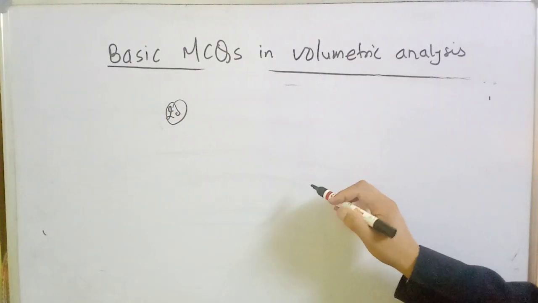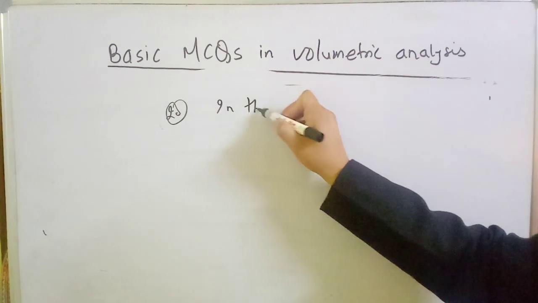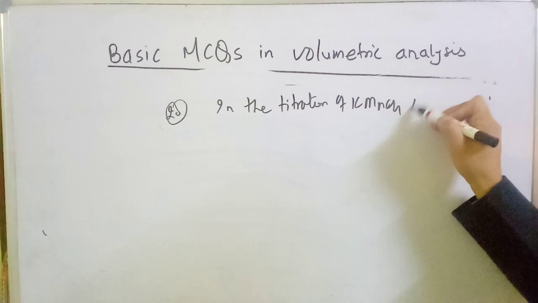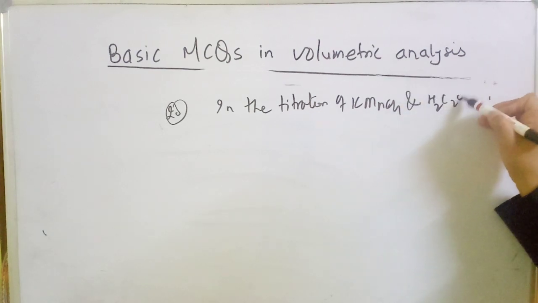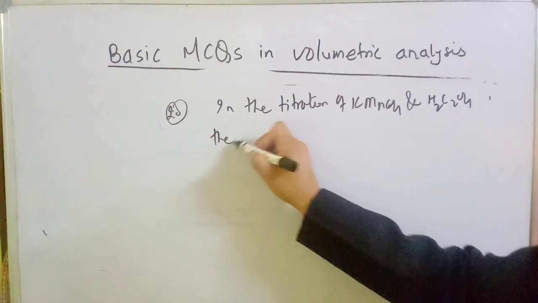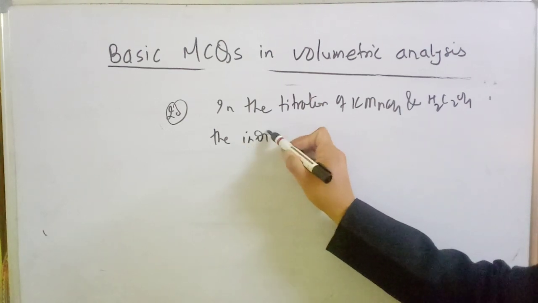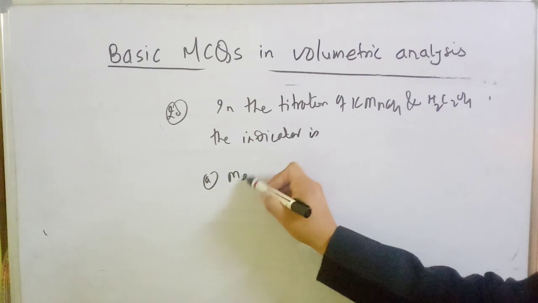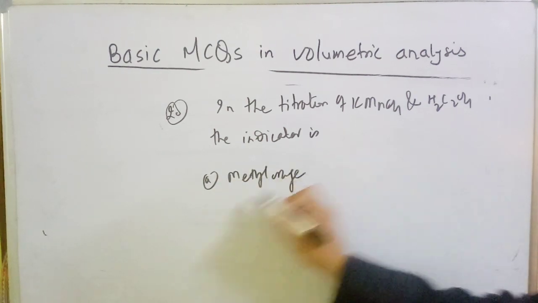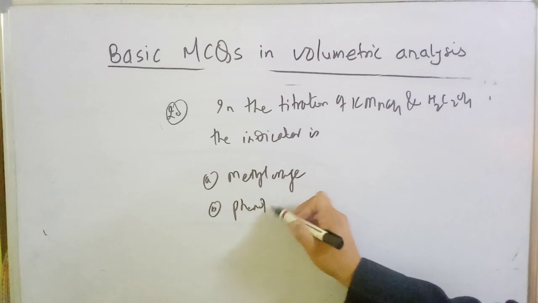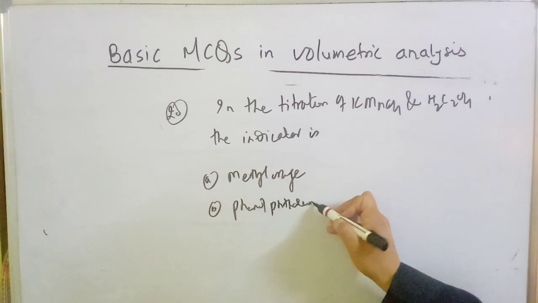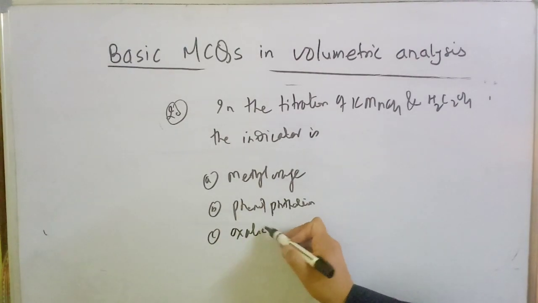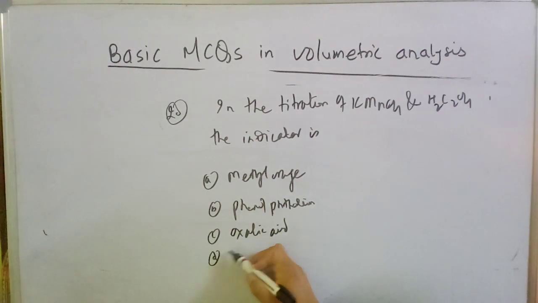In number 20, in the titration of KMnO4 and oxalic acid, the indicator is: option A, methyl orange; option B, phenolphthalein; option C, oxalic acid; option D, KMnO4.